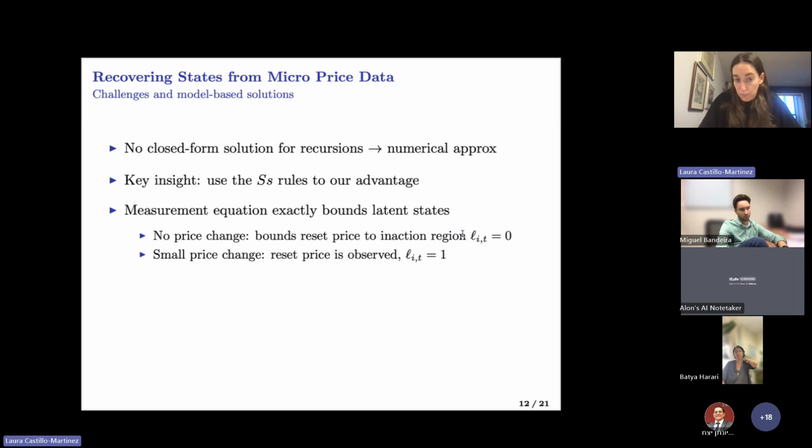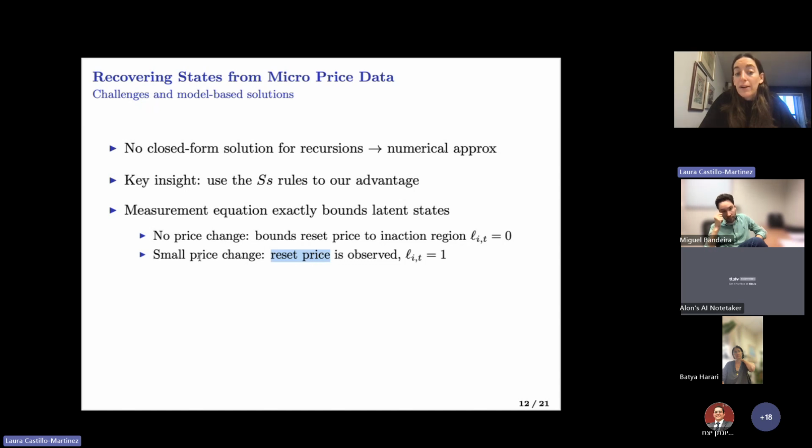What if we do observe a price change? Then we have far more information. The first thing that we observe is the reset price, because when prices adjust, they are set to be equal to the reset price. That's the way I've defined my reset price. So we're going to reduce the uncertainty on part of the hidden state massively. We now know where we are.